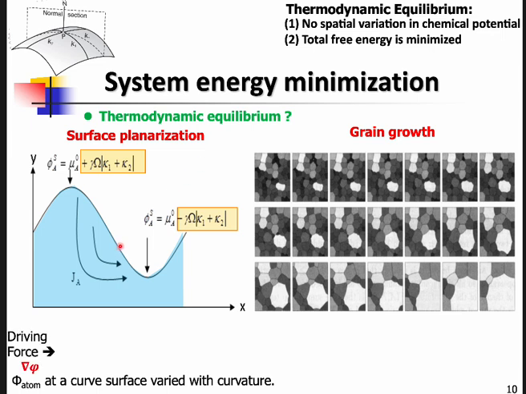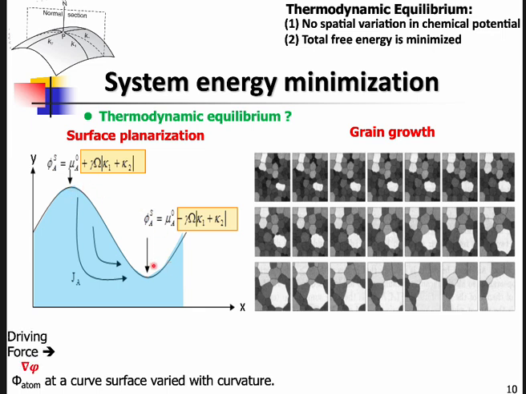For sure, this is not a thermodynamic equilibrium state. As long as it is not a thermodynamic equilibrium state, then that is probably a kinetics process. So we need to figure out whether in this system we have a driving force to drive the flow process.